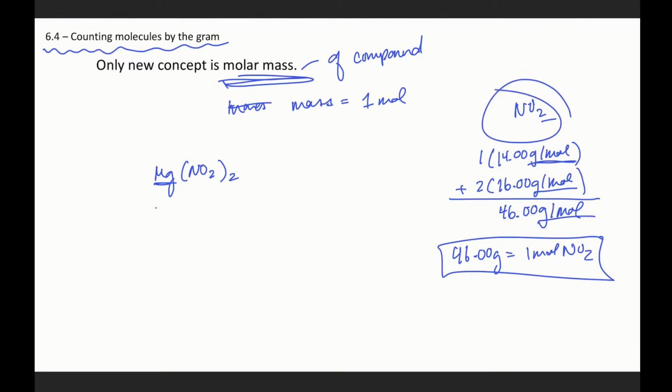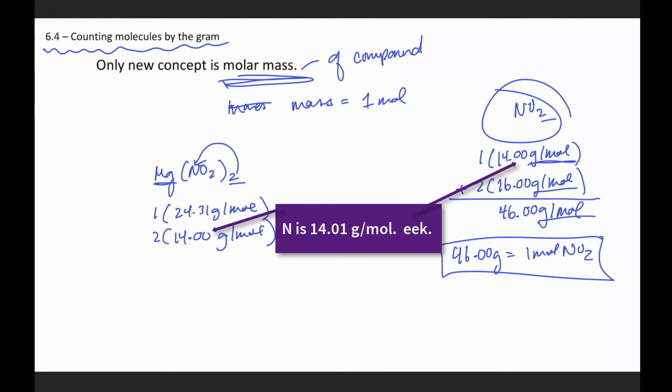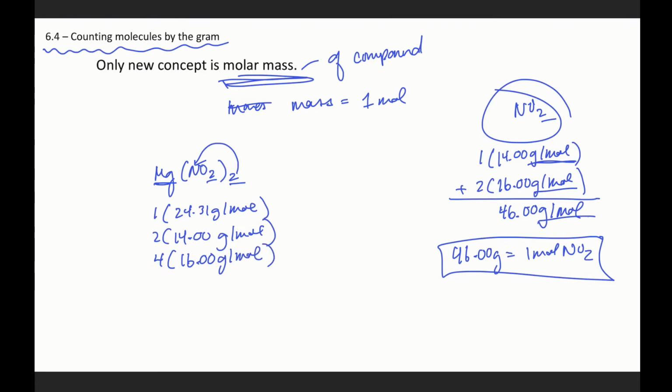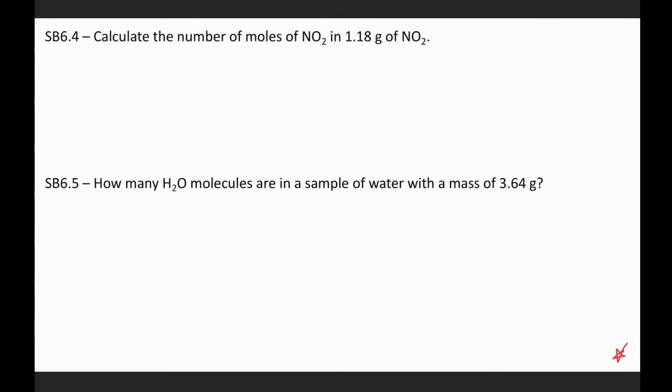So here we would have 1 magnesium at 24.31 grams per mole, and we would have 2 nitrogen, so 2 times 14, and we would have 2 times 2, so 4 oxygen, and all of that would get summed together to give us the molar mass of magnesium nitrite. All right. So then, doing some practice.